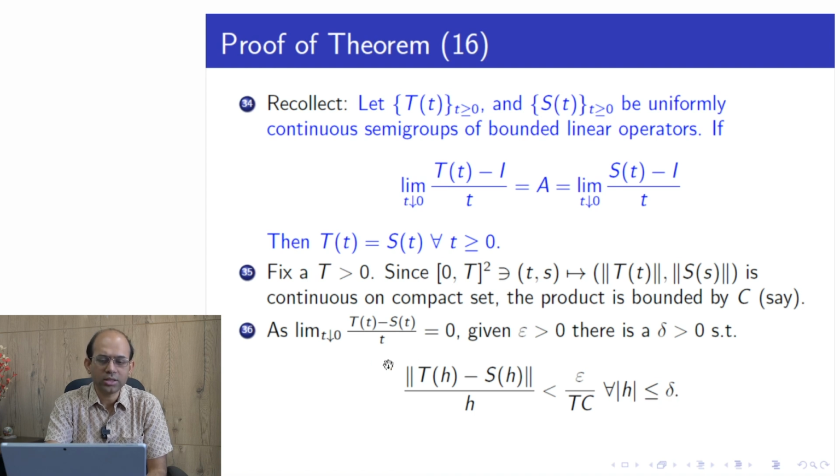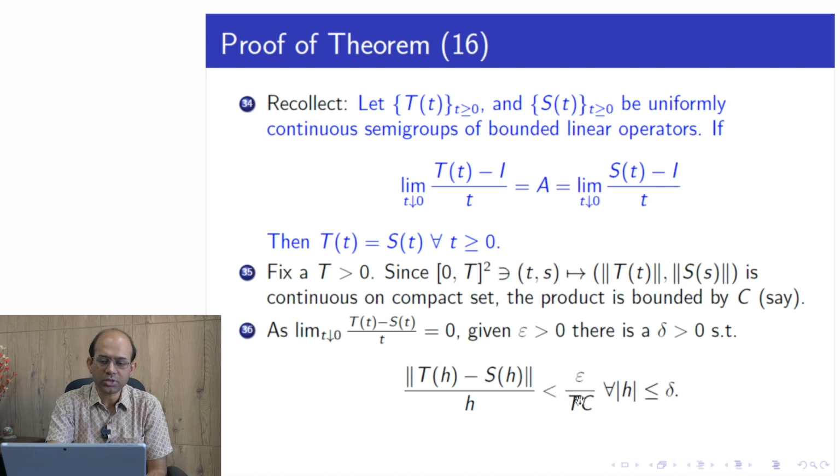Here we are only renaming the variables; instead of small t, I am writing h. Since this goes to 0, given epsilon positive, on the right hand side I am writing epsilon divided by capital T, which is already fixed. And by fixing capital T, we have already fixed capital C.